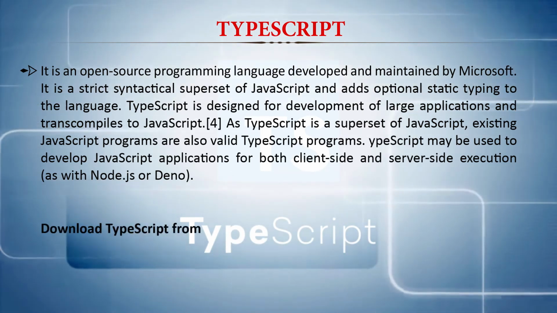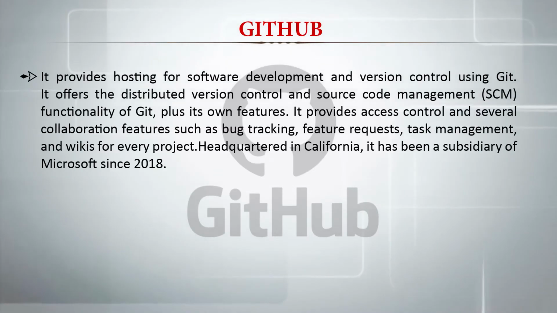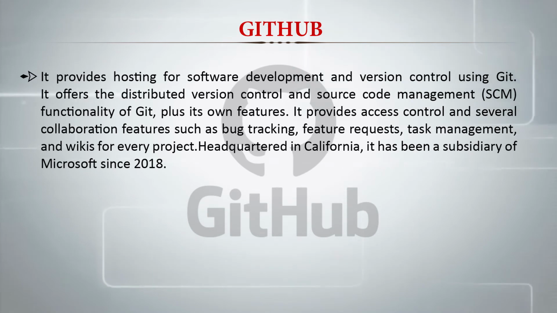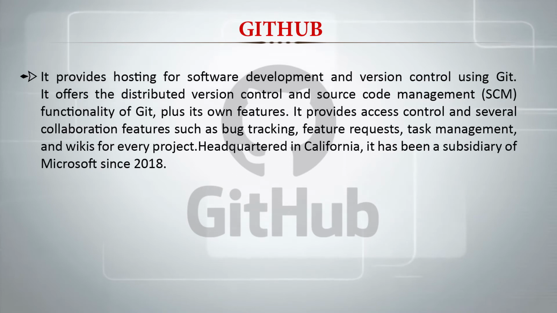We can download TypeScript from typescriptlang.org. Now let us see GitHub. GitHub is one of the most popular software as on the date. It provides hosting for software development and version control. It uses Git for it. It offers the distributed version control and source code management functionality of Git plus its own features.